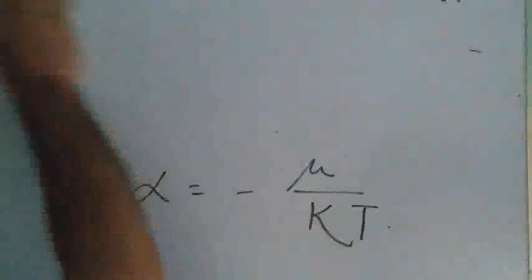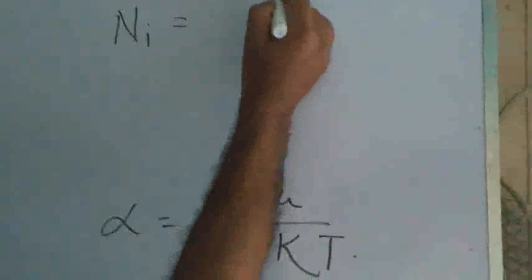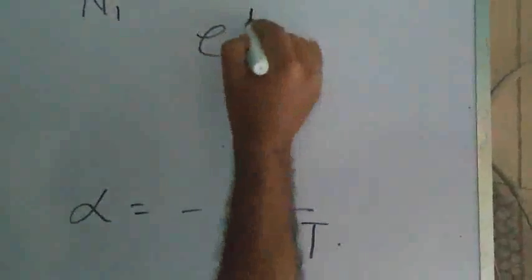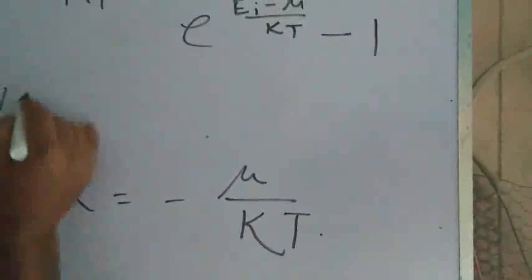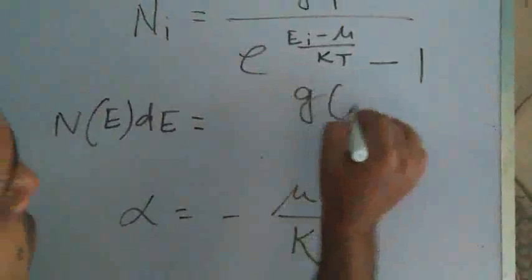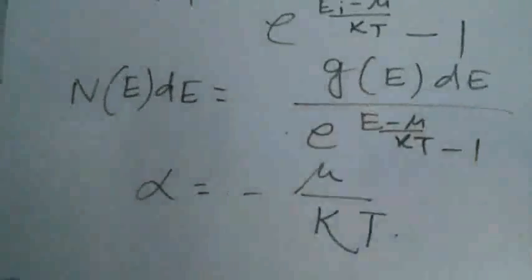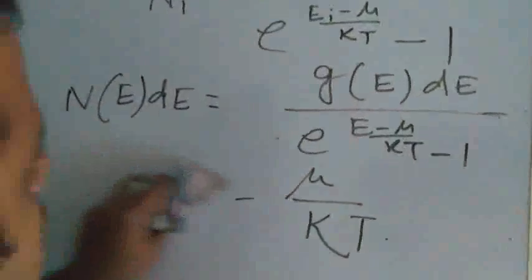So we get that ni equals gi by e to the power (Ei minus mu) by KT, minus 1. In terms of the continuous energy, n(E) dE equals g(E) dE by e to the power (E minus mu) by KT minus 1. So we get the BE distribution formula like this.